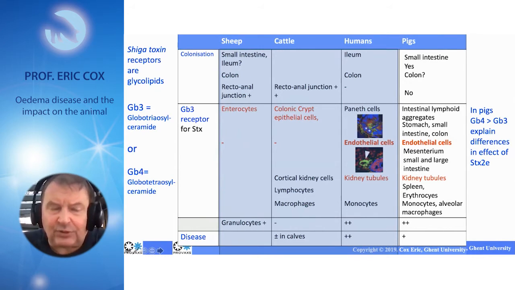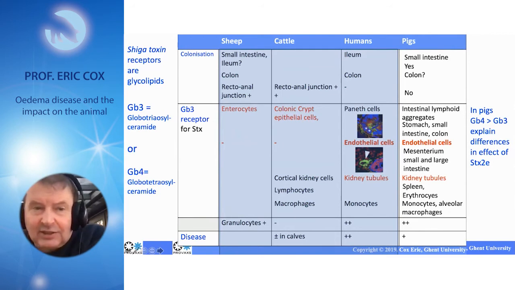That is different from the Shiga toxins that are produced by strains in sheep, cattle, and humans. And that's also the reason why pig strains are not pathogenic for humans and for ruminants.